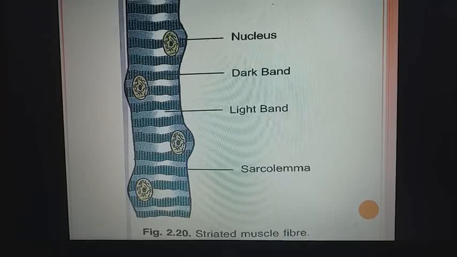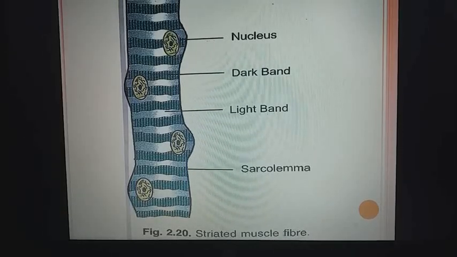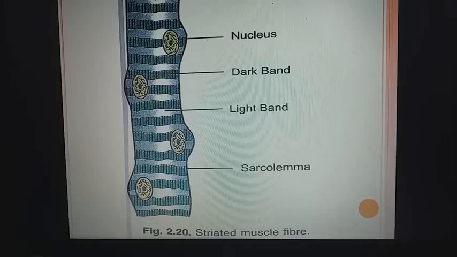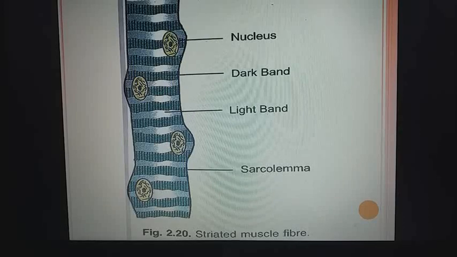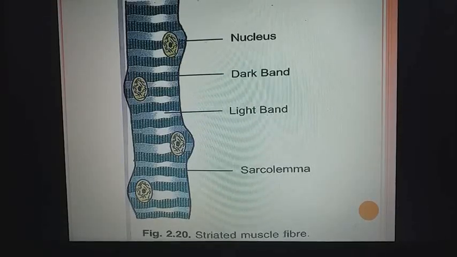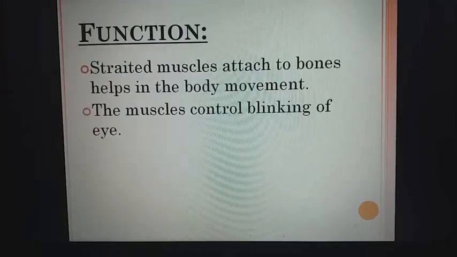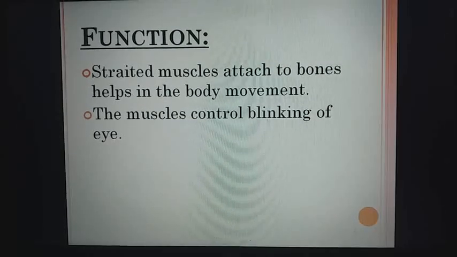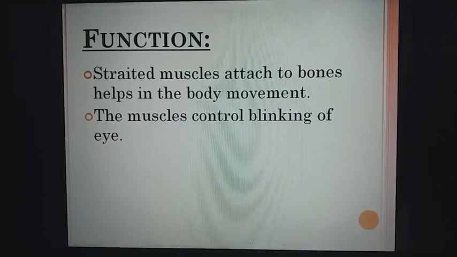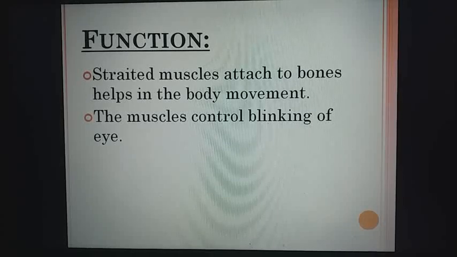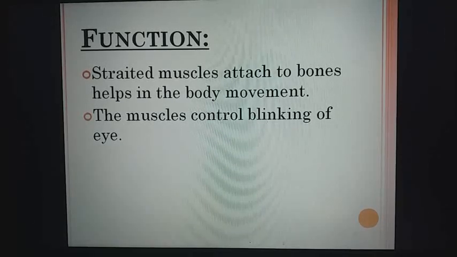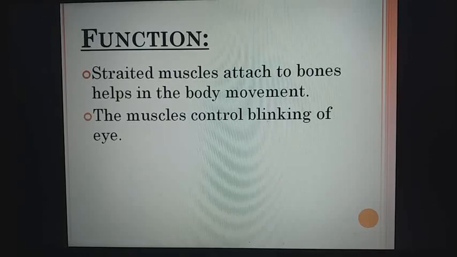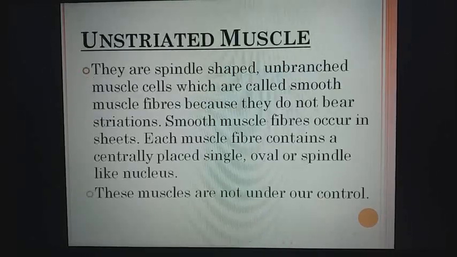Or it can be asked that why it is known as the skeletal muscle, because these muscles are directly attached to the skeletal. That's why it helps in movement also. That's why it is known as the skeletal muscle. Now function of this striated muscle. Already I have told you that these muscles are attached to the bones, so it helps in the movement. Even the blinking of our eyes is being done with the help of this striated muscle.